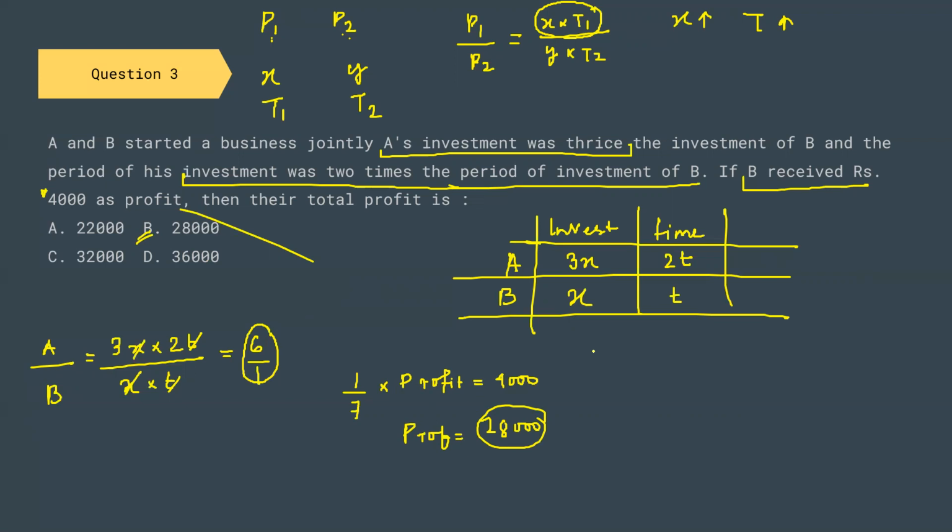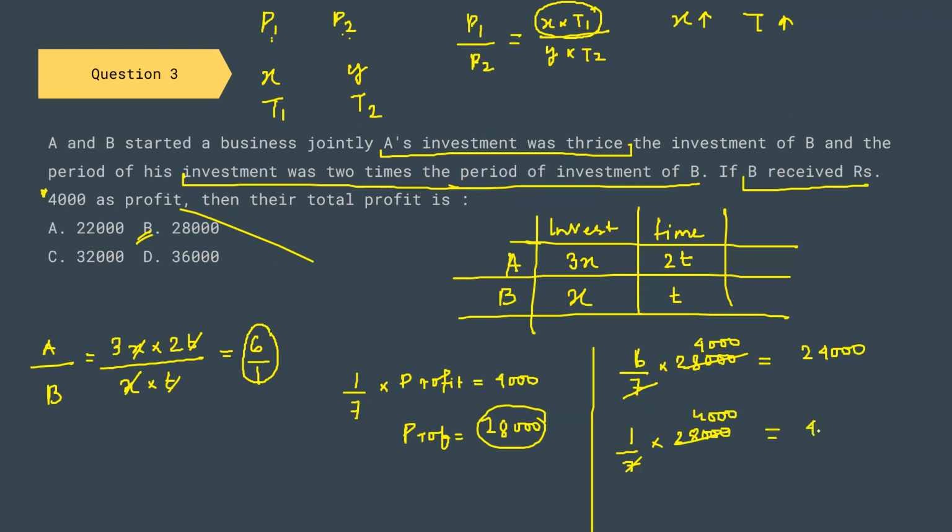And let us check if we can find the profit of A and profit of B individually. The total part of profit by A is 6 by 7 into 28,000, that is equal to 24,000, and the profit of B we know is going to be 4,000 only.